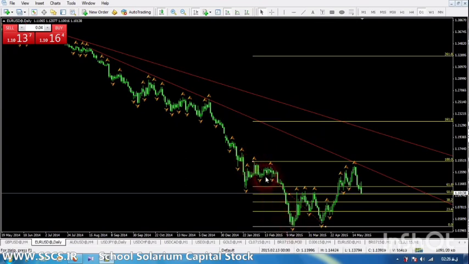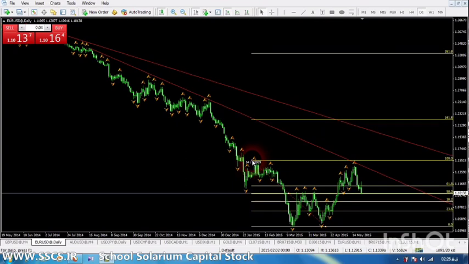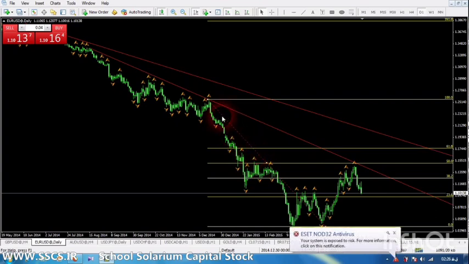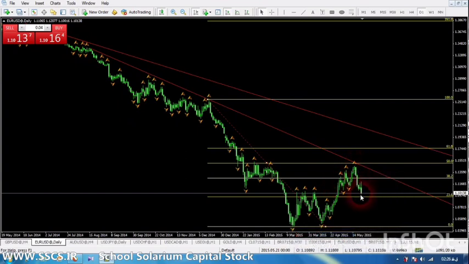So when your 61 level breaks, you have to expect this 100 level. Or when your 61 level is broken, you can drag your 100 level and put it on your previous swing high. So I'm going to update my partial Fibonacci's to the overall one.